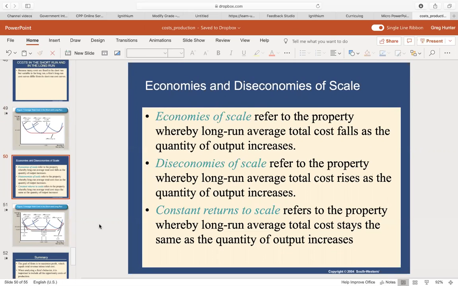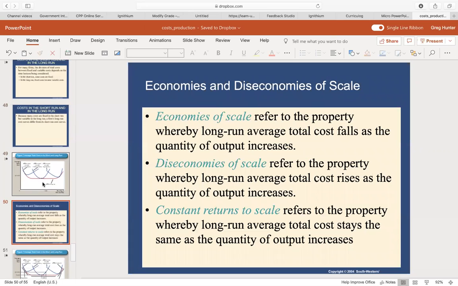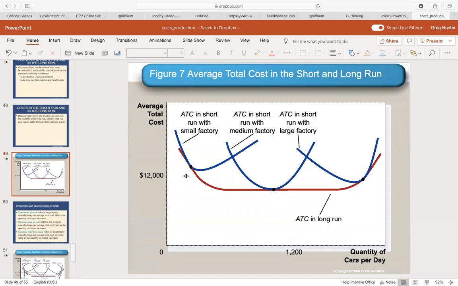The point that it intersects is the minimum of the short run of each one, right? Well, no. See, that's really interesting too. Look at this. On the medium factory, it's clearly the minimum of the short run.